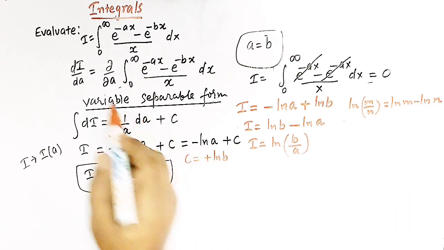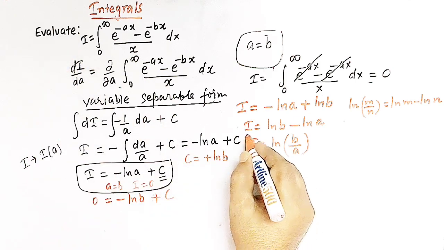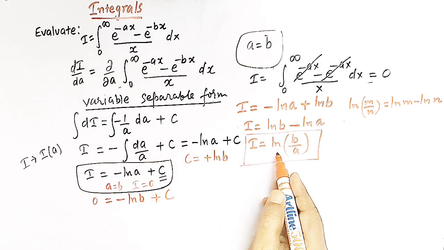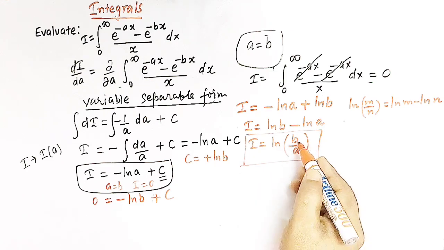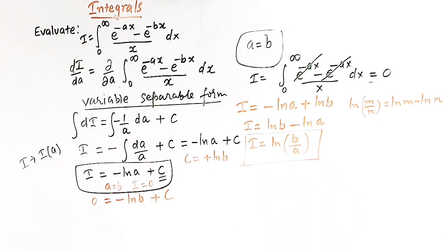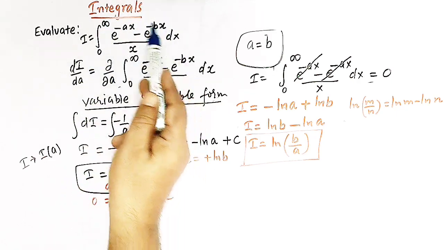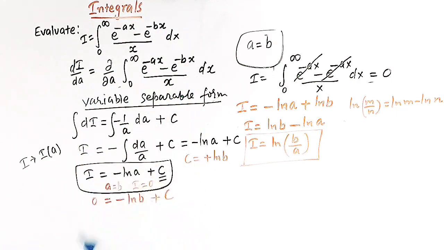So the value of this integral I is given by this expression, that is natural log of b over a. So viewers, this is how, by the application of differentiation under the sign of integration, we can easily find out the values of integrals of these kinds.